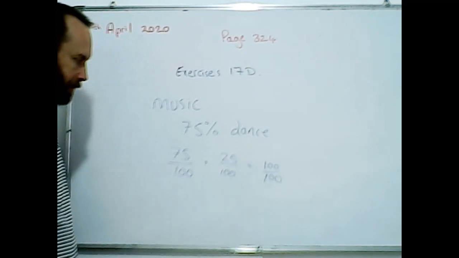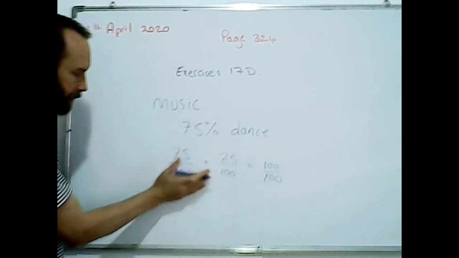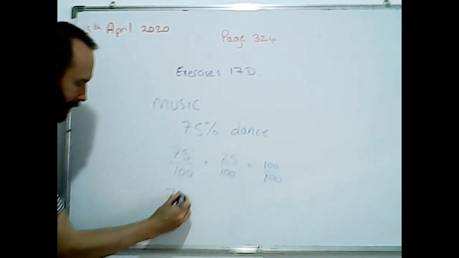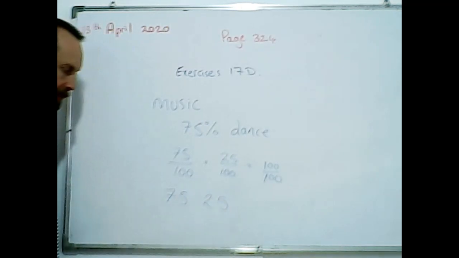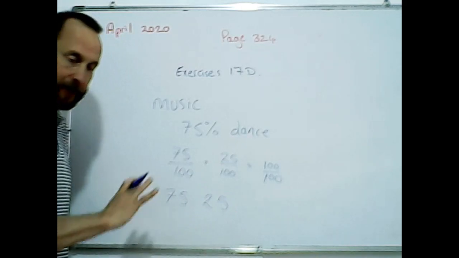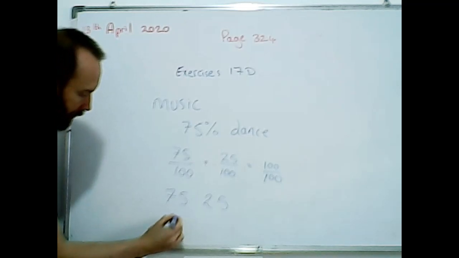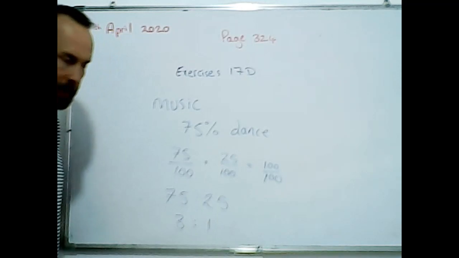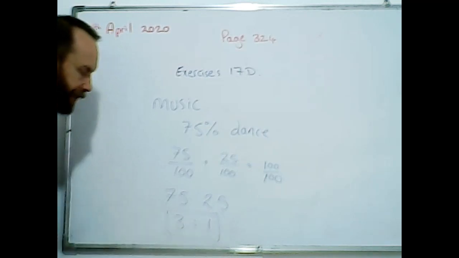75 plus 25. So the ratio here, going back to our ratios now, don't worry about the fractions at the bottom when we're talking about the ratios. We've got 75 to 25. Don't forget when we're doing ratios, we simplify it down, and we've got 3 to 1. So our ratio of dance tracks to everything else is 3 to 1.